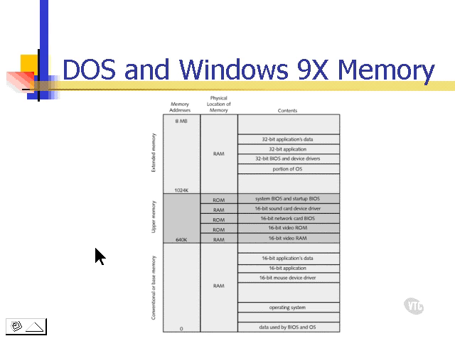And the DOS model is based on that assumption. The first 640K of that 1 megabyte of memory is called conventional memory.